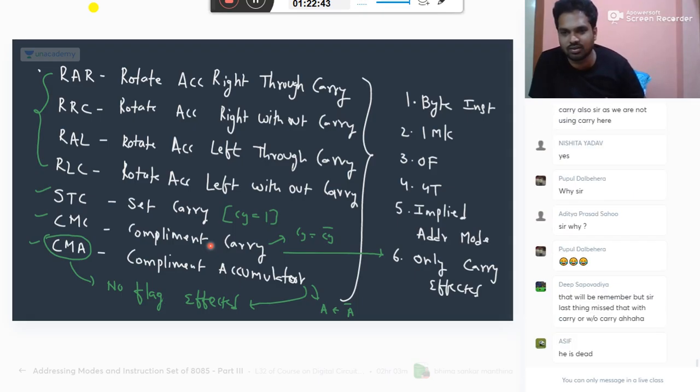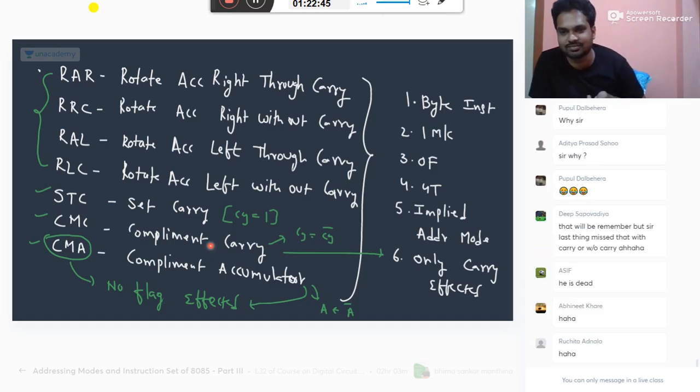Take a box, small box, again small box, big box.